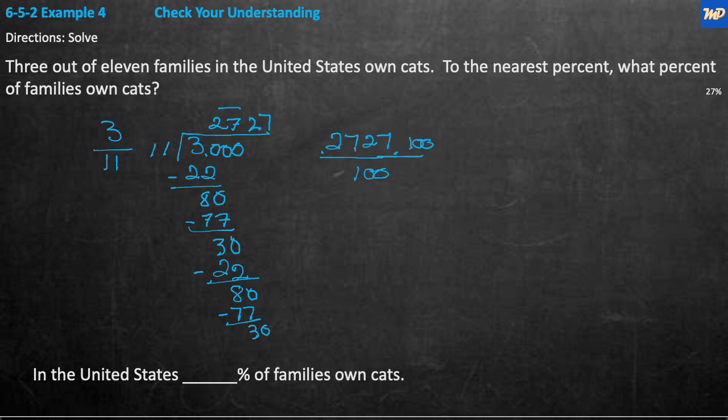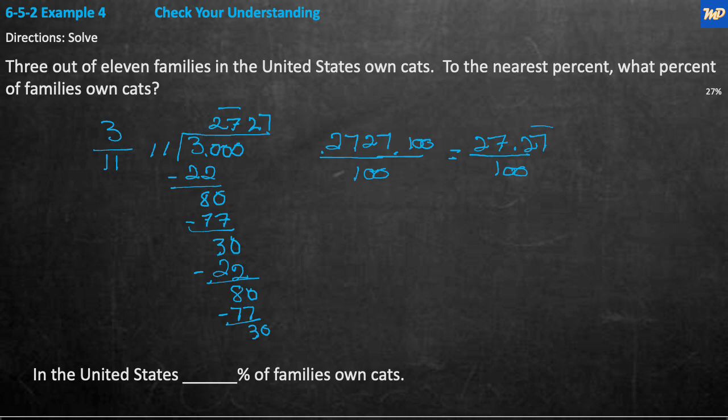So now we get, as an answer here, 27.27, and I can say repeating. That's what that dashed line means. And that's divided by 100. And what does the book say? It says that if you want to create this fraction, you take the percentage and divide it by 100. We've got the 100, so we're going to remove the 100.